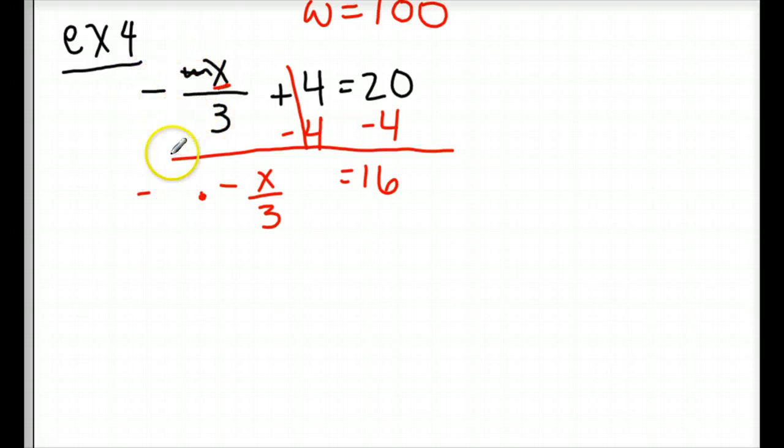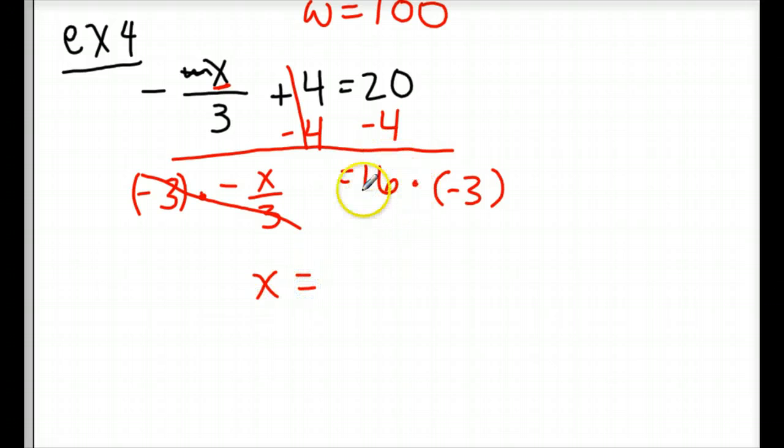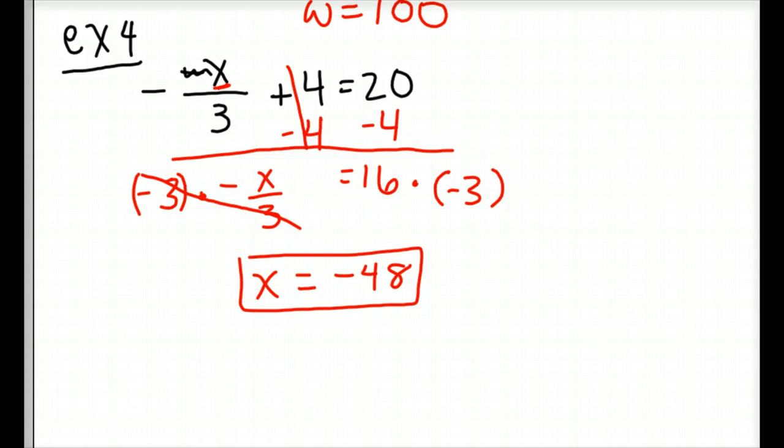If it's up here or down here, we just need to get rid of it. So we multiply this side by negative 3, and we multiply this side by negative 3. So over here, we just cancel out these 3's. We get x equals a positive 16 times a negative 3, which is going to give us a negative 48. So that is your final answer.